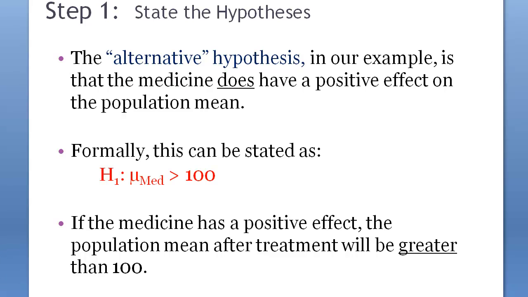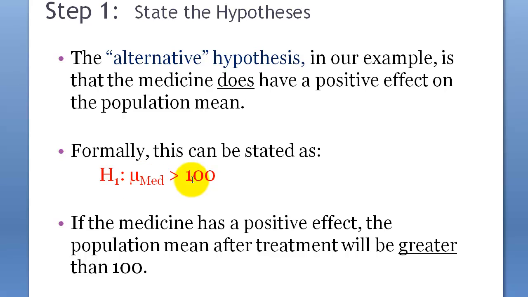The alternative hypothesis in our example is that the medicine does have a positive effect on the population mean. Notice this is denoted by H1 instead of H0. So mu med is greater than 100.